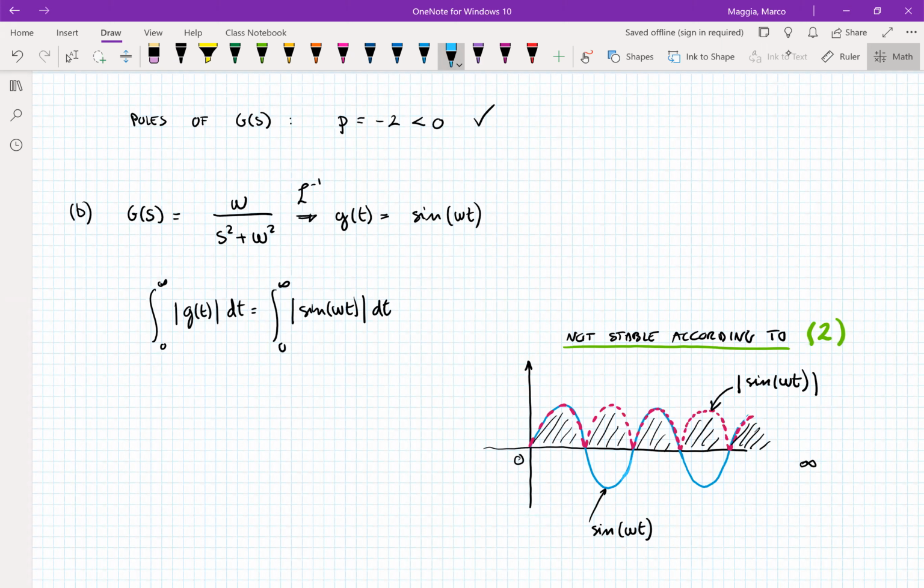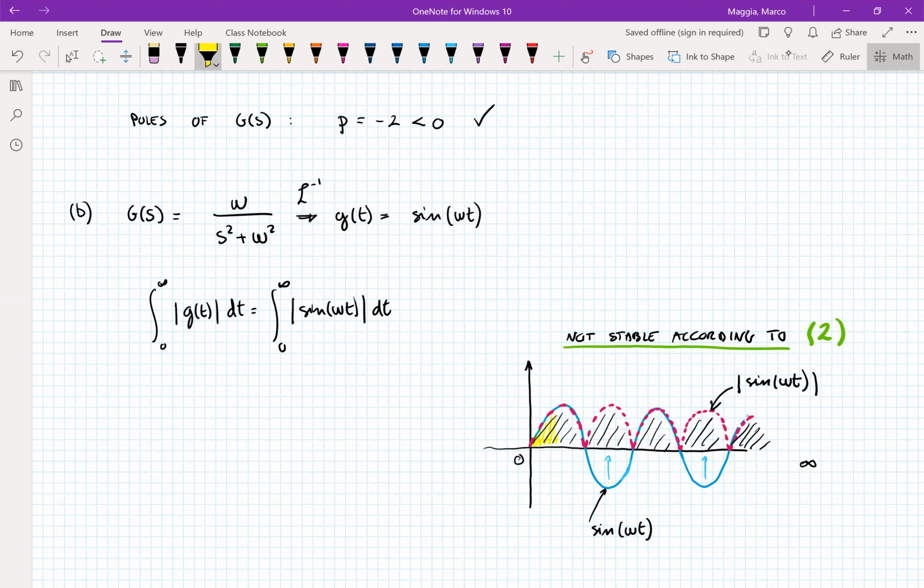So we're flipping all the negative parts to the positive side of the plane, and the integral of this function is just the area under such function.